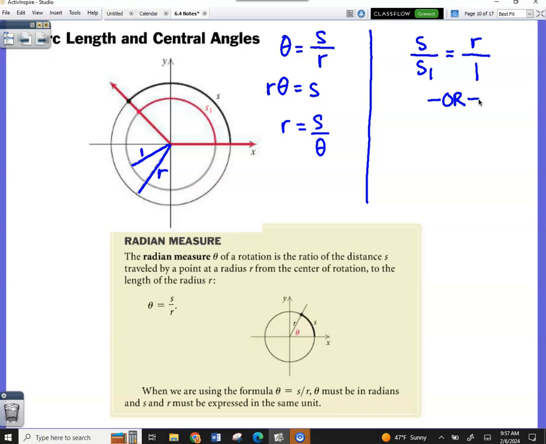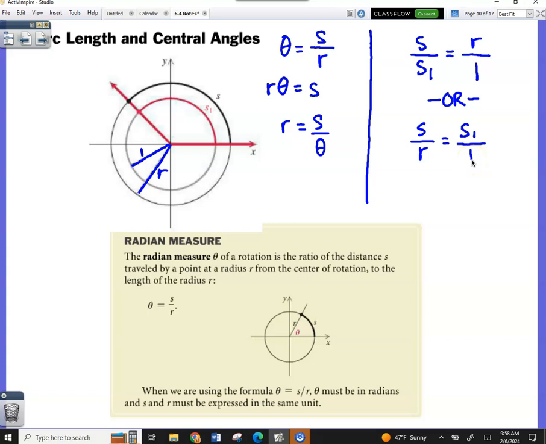I'm going to multiply it to the right, and this R that's over here, I'm going to divide it to the left. You with me on how that's happening? So basically, these two are doing a switcheroo because of the cross multiplying act. So we got S over R equals S1 over 1.